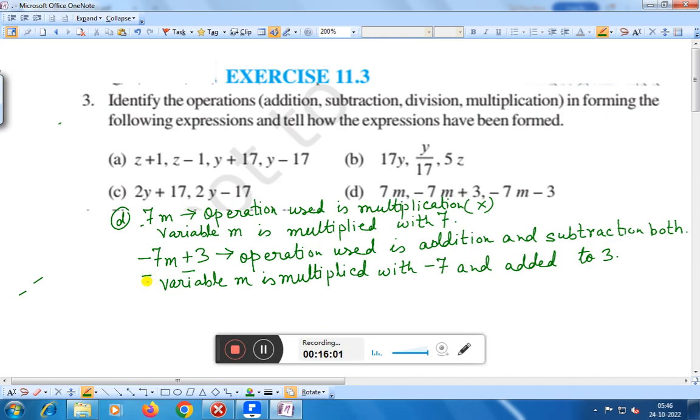Next question is minus 7m minus 3. Here you see the operation used is subtraction, or minus, right? And how has the expression been formed?